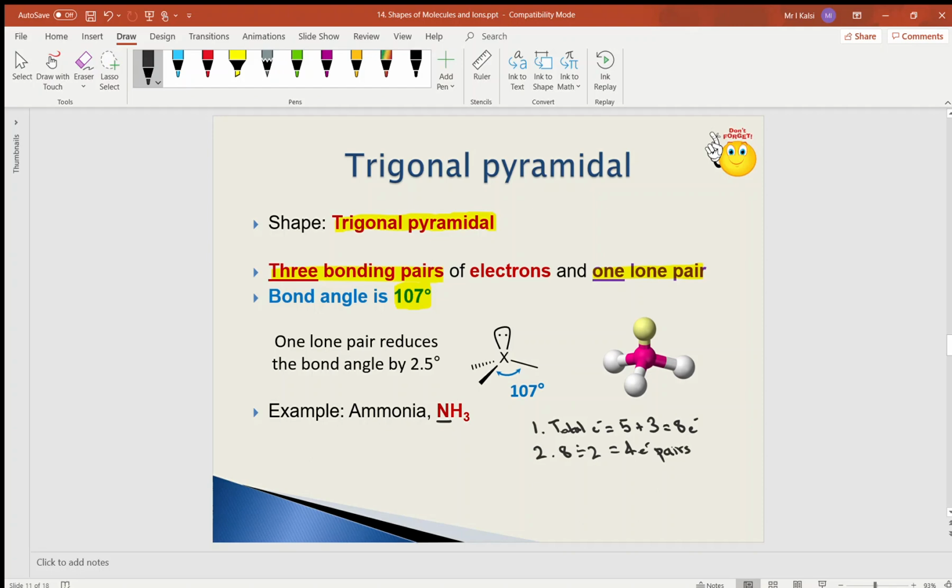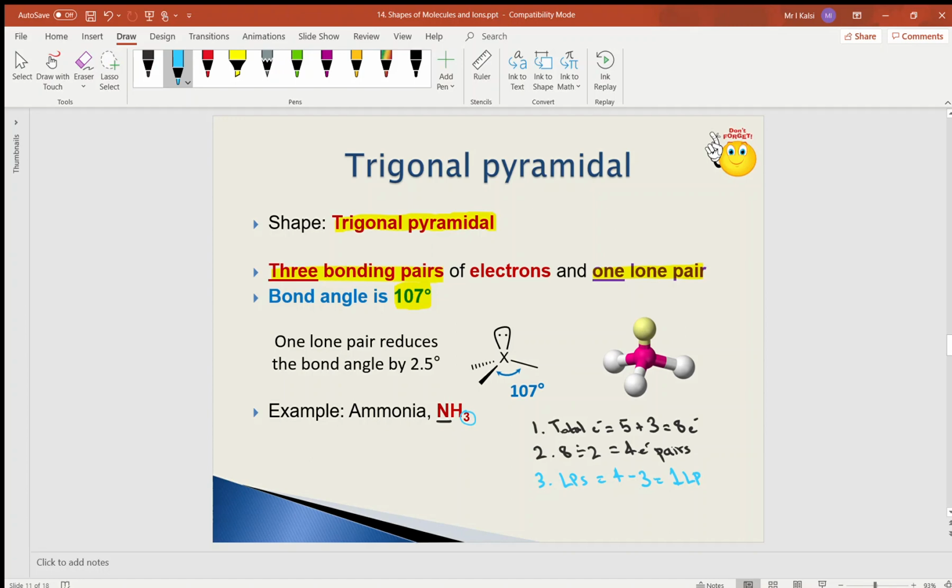Now, we need to work out if we've got 4 bonding pairs or we've got a lone pair in there. To do that, we work out lone pairs by taking this answer 4 and subtracting the number of atoms around the central atom. Well, that is 3. So take away 3 gives me 1 lone pair.